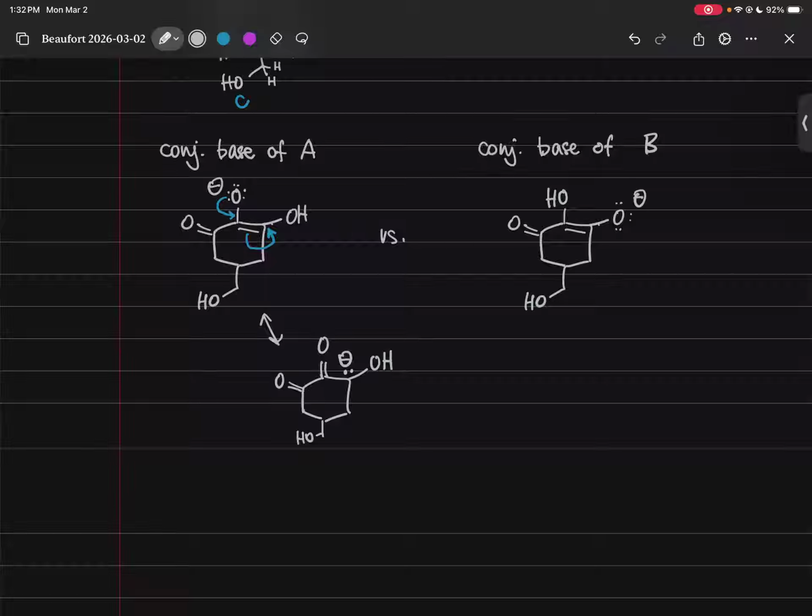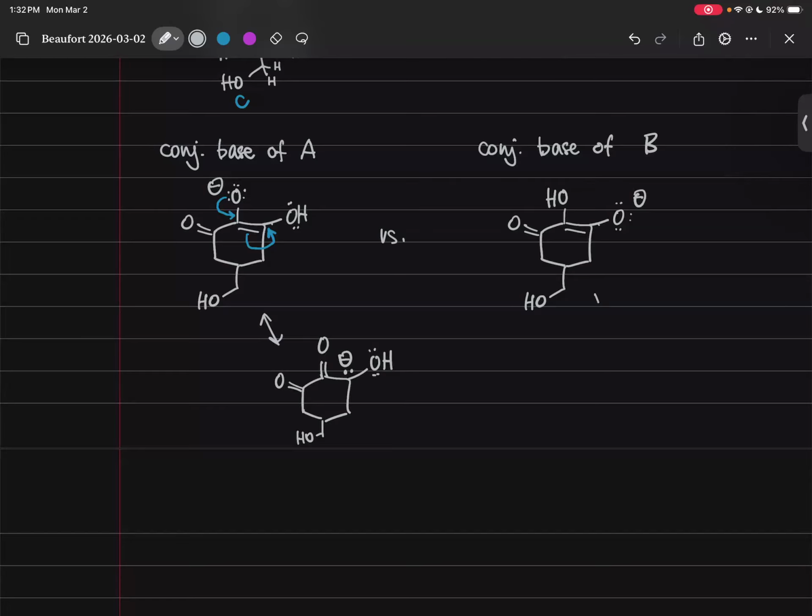So no, because this oxygen here already has an octet. And so we can't move that lone pair toward the oxygen. That will break the octet rule for the oxygen. Admittedly, this is not a very good resonance structure, right? The top one is still a better resonance structure because the negative charge is on the more electronegative atom.